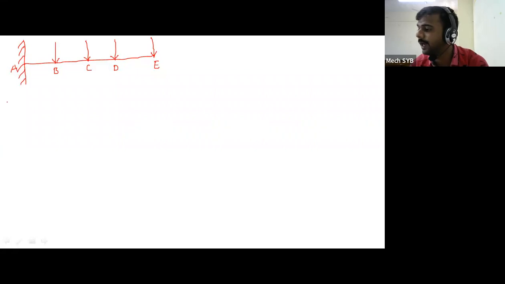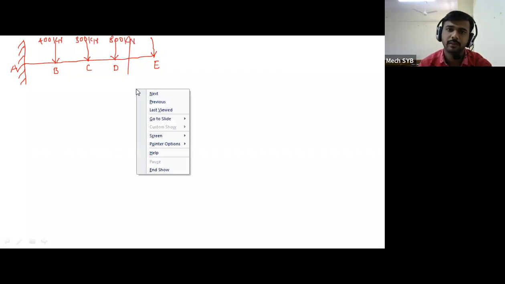So the point load applied at point B is equal to 400 kilonewton. Then next, 300 kilonewton. Then next, 800 kilonewton.